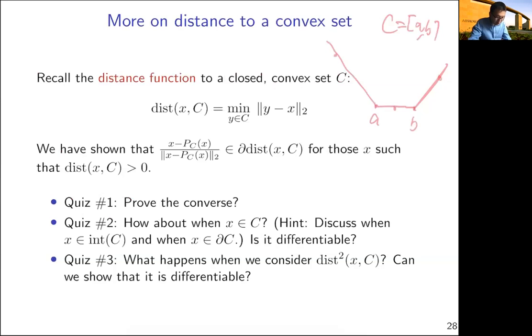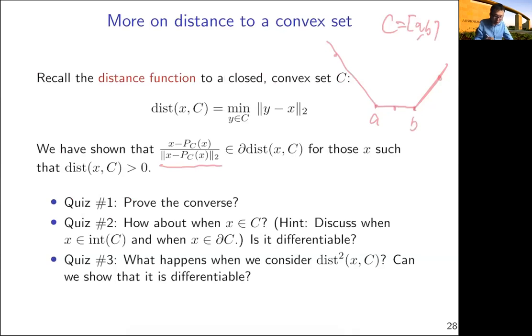Okay, so I'm leaving 3 quiz questions for those who want to answer them on Piazza. The first one is how do we prove the converse, by showing that this is the only subgradient for all those x that are outside the convex set. The second quiz is for those x that are inside the convex set, and how do we work out its subdifferential?